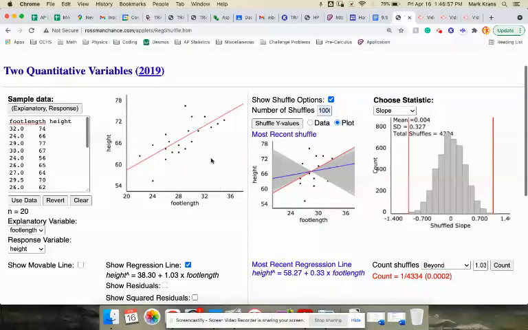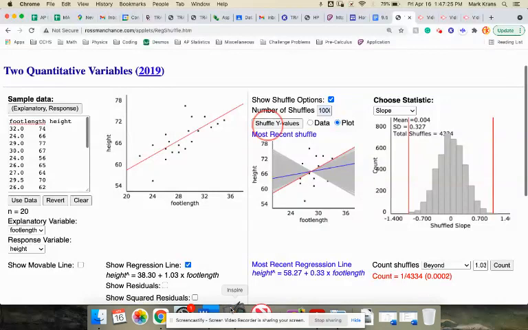Okay, so the p-value, if the null is true, that there is no linear relationship, that there is no slope, that there is no correlation, then what is the probability we would have as strong of a correlation or as steep of a slope as we got or steeper? Well, if you just randomly shuffled the Ys over and over and over again, how often do we get something as steep as my line or steeper?